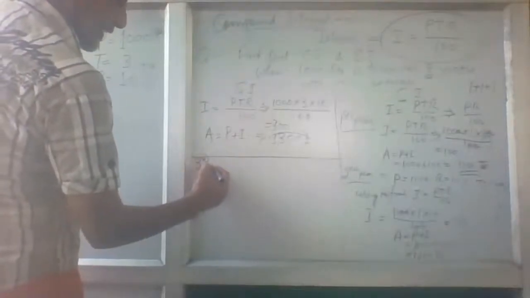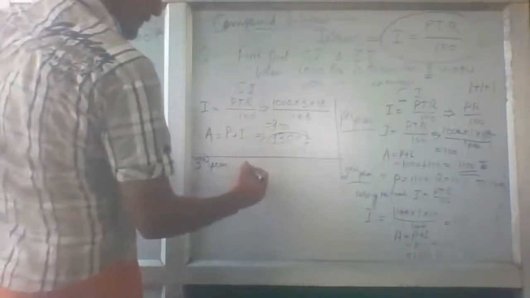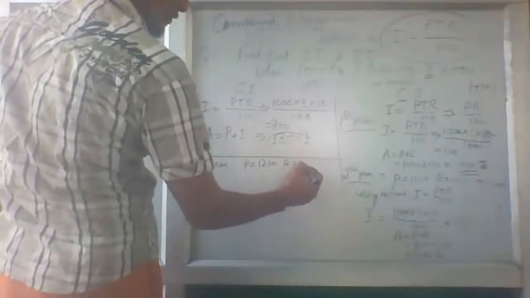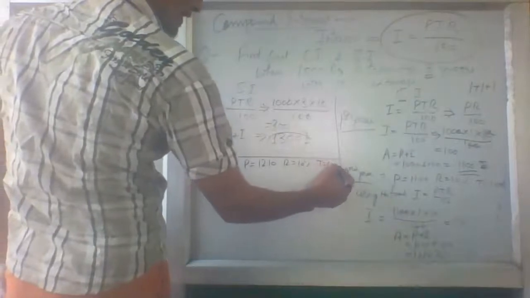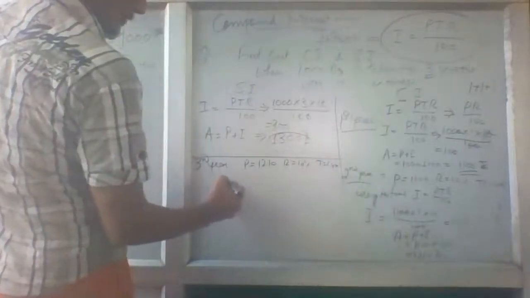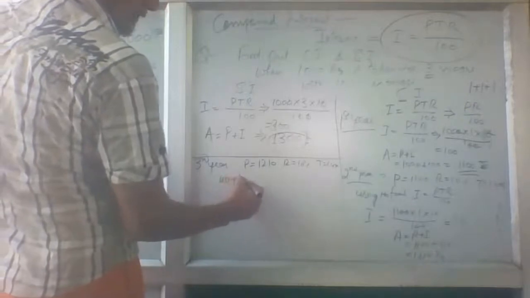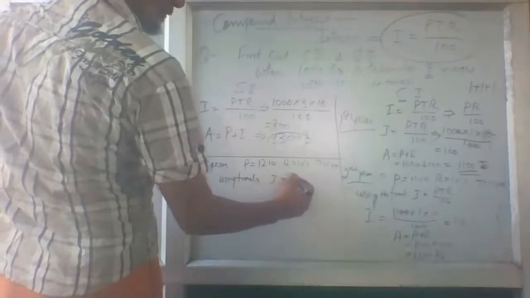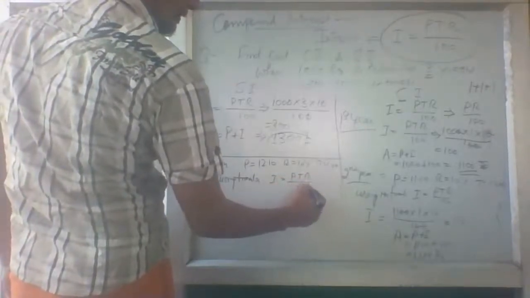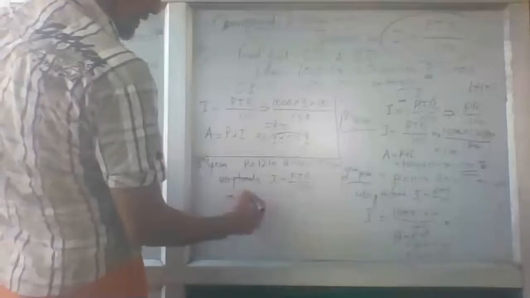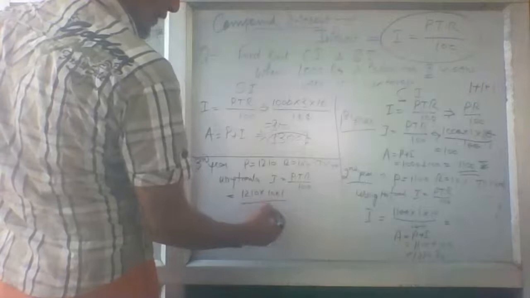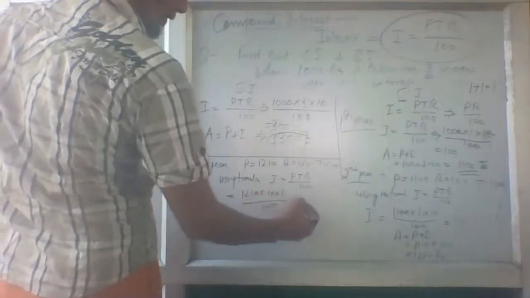So for the third year, you will write principal is equal to 1210, rate is equal to 10%, time is equal to 1 year. Using the formula, interest is equal to PTR upon 100. It would be now 1210 into rate 10% time 1 year upon 100. 1 is removed. 121 rupees you have gained.